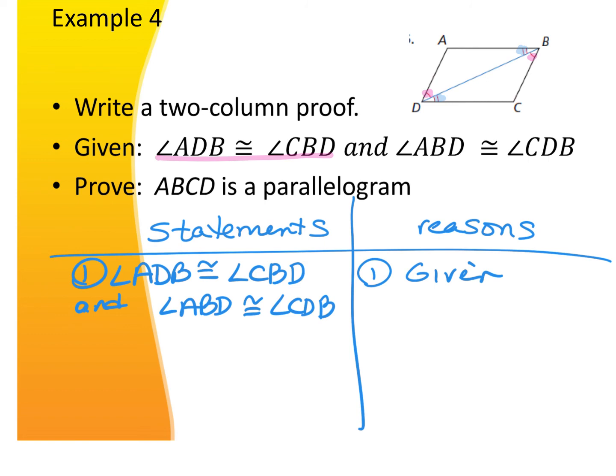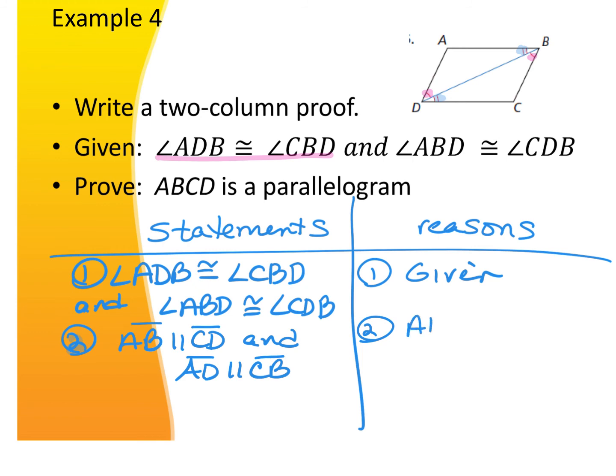So now I can state that side AB is parallel to CD, and AD is parallel to CB, and this reason is the alternate interior angles converse. Remember, the converse for all these special angle pairs proved that the lines were parallel.